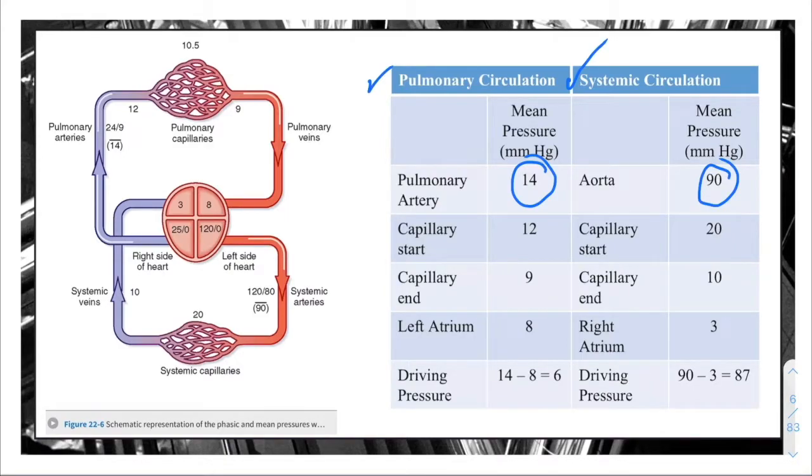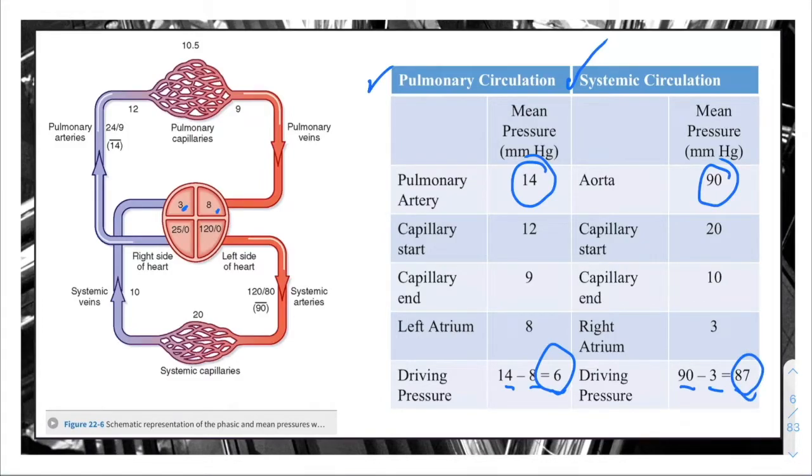The pressures in the right and the left atria are not very dissimilar, about 3 and 8 respectively. Thus, the pressure differences from inlet to outlet of the pulmonary and systemic systems are about 14 minus 8 is equal to 6, and 90 minus 3 is equal to 87.